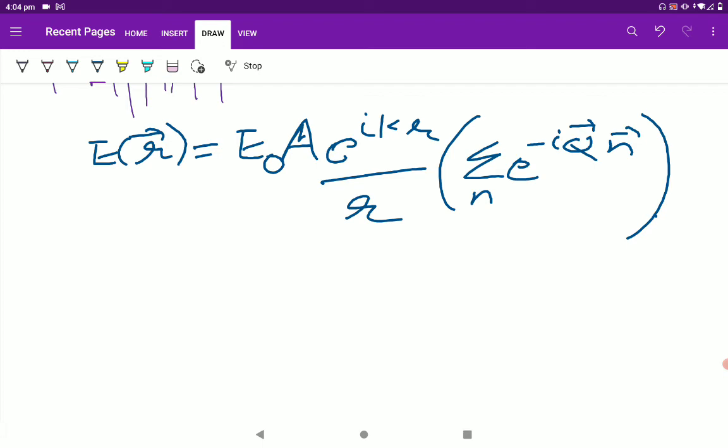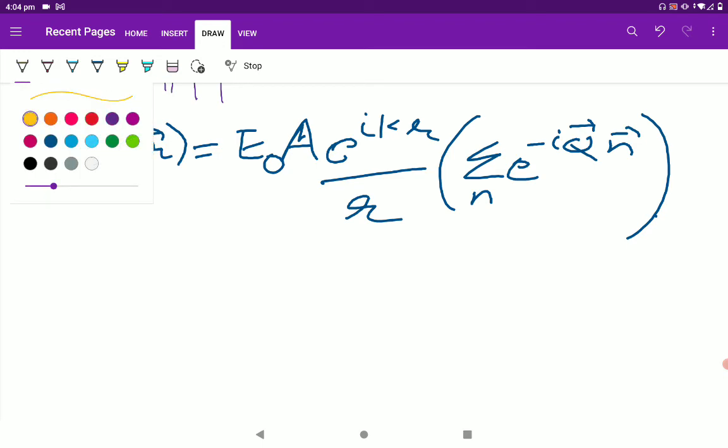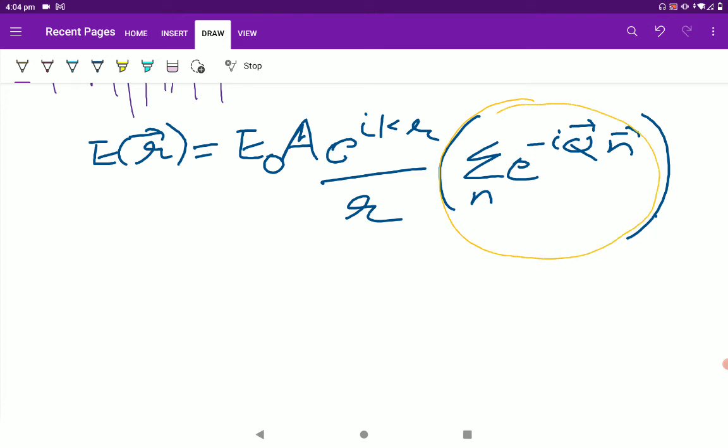Now the situation is getting interesting. This expression here is the modulator. Here we have the physics of interference.